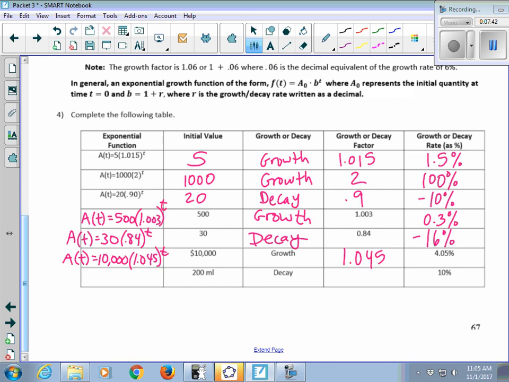All right, let's see. Finally, I'm starting with 200 milliliters of something. It's decaying by 10%, which means that my growth factor is 0.9. So my formula is A of t equals 200 times 0.9 to the t.